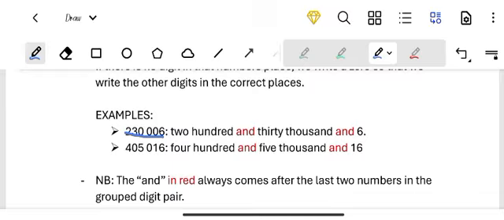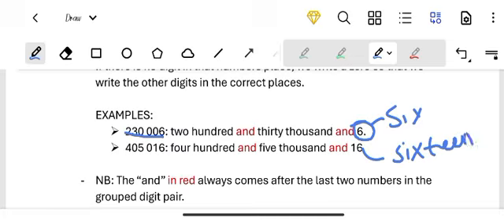When you're writing this in words, you have a 6 there, and I'm supposed to write it in words. So I stated it.